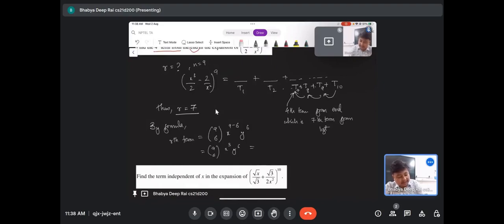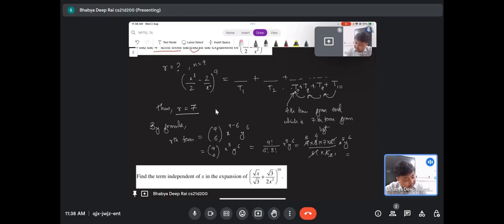Now what is n choose 6? N choose 6 is nothing but 9 factorial divided by 6 factorial times 9 minus 6, which is 3 factorial, x cube y to the 6, which is 9, 8, 7, 6 factorial divided by 6 factorial times 6. Okay, this will cancel out, this will cancel out, x cube y to the 6. 3 times 2 is 6, 3 times 3 is 9, 2 times 1 is 2, and 2 times 4.